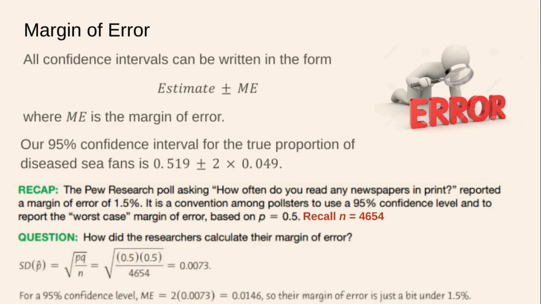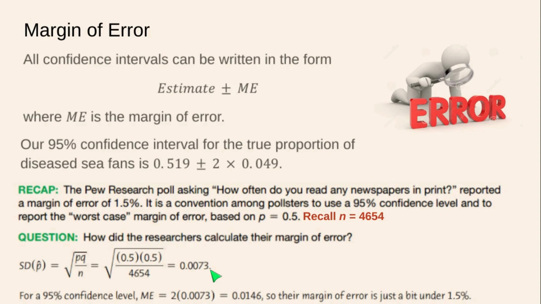Okay, so here is how they did it. The standard deviation of the sampling distribution for sample proportions is the square root of PQ over N, as I have said. We can use standard deviation since we are assuming that P is equal to 0.5, worst case scenario. Square root this expression right here, and we would get 0.0073.